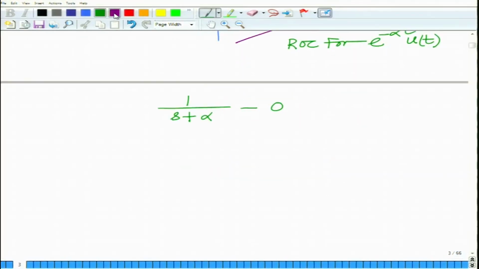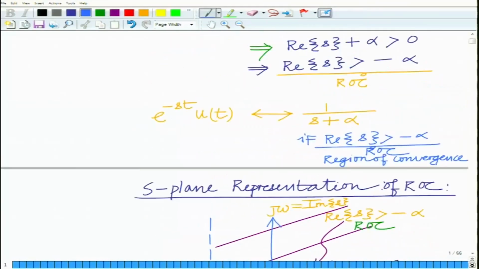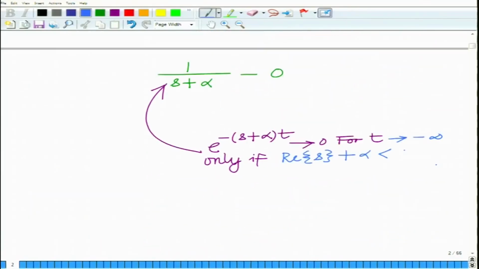Now, this converges, that is, e raised to minus (s plus alpha)t tends to 0 as t tends to minus infinity, only if the real part of s plus alpha is less than 0.